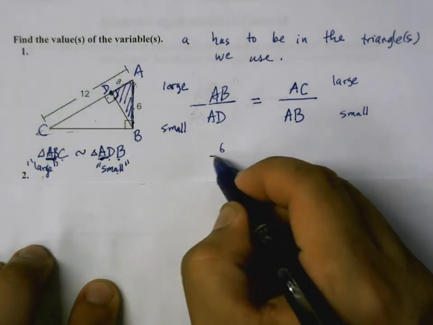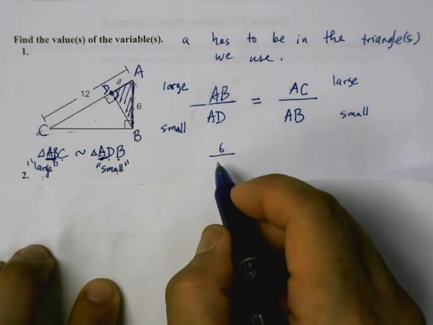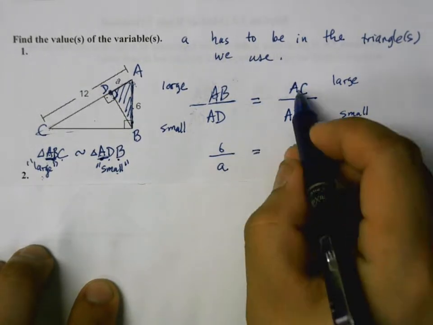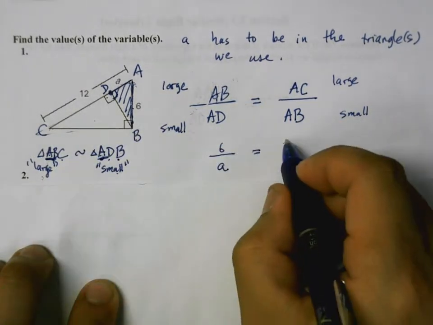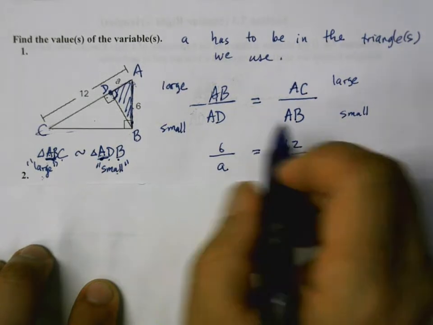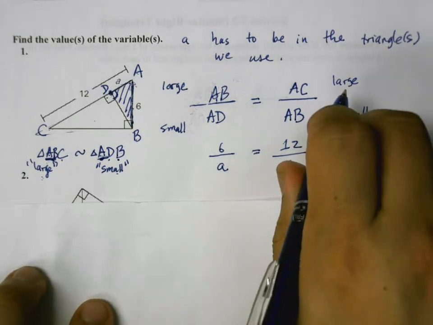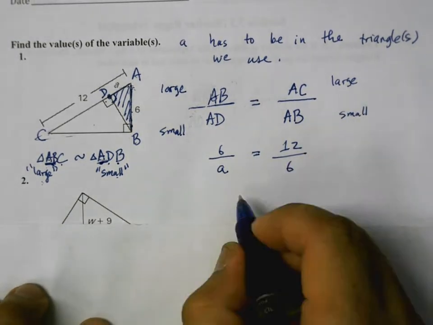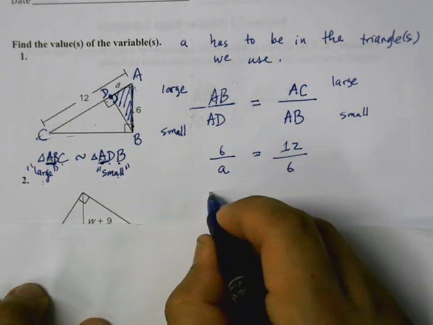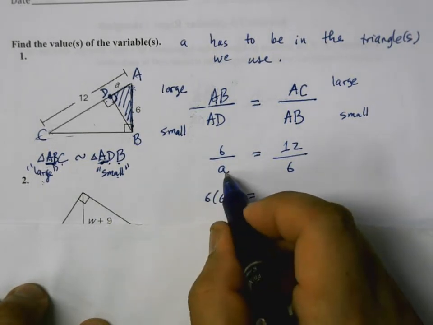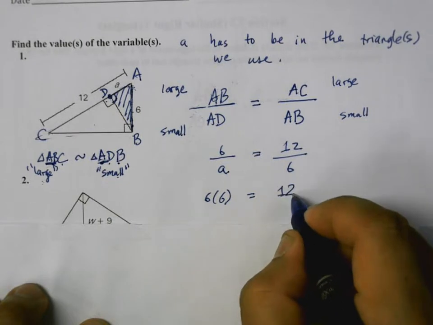Okay. And now once we have that set up, we can fill in the values. AB is equal to 6. AD is the thing we're solving for, that's variable A. AC is 12. And AB is 6 again. So we keep going, multiply both sides by 6, and multiply both sides by A. We get 12A.